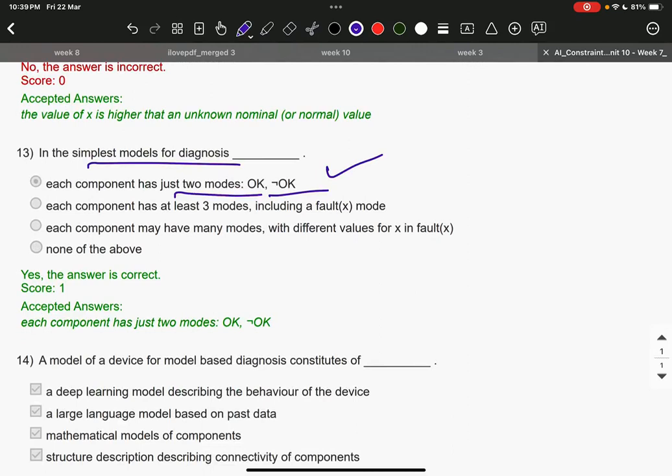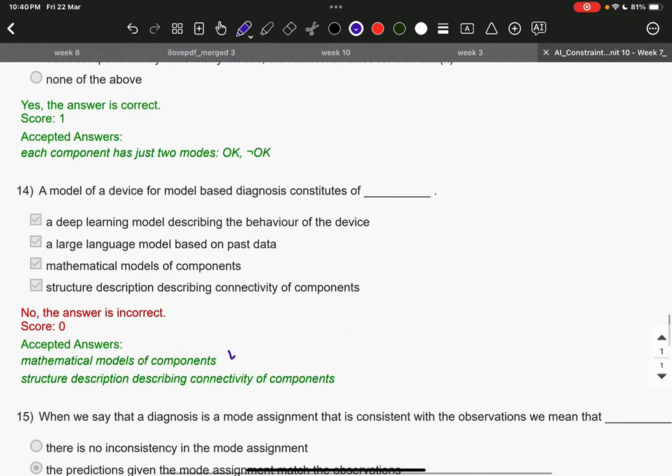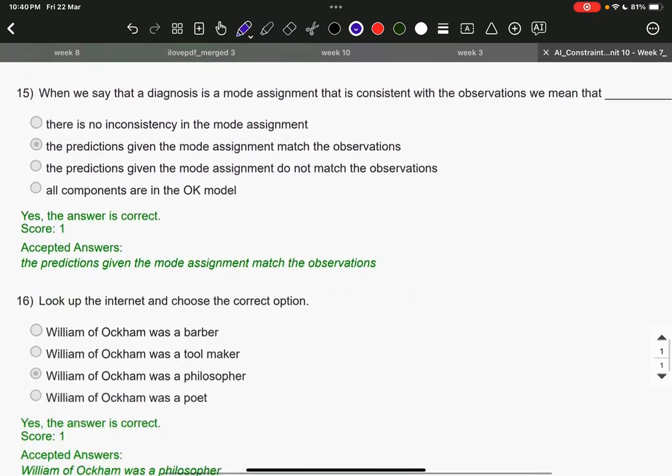A model of a device for model-based diagnosis consists of mathematical models of components and a structure description describing connectivity of components.